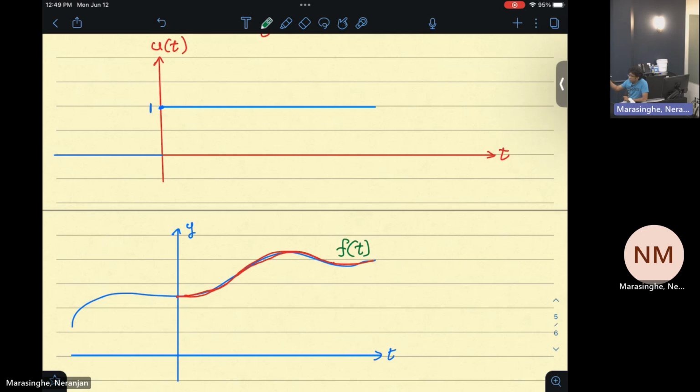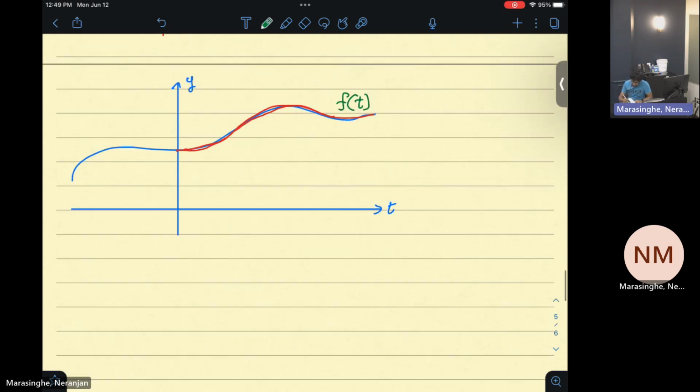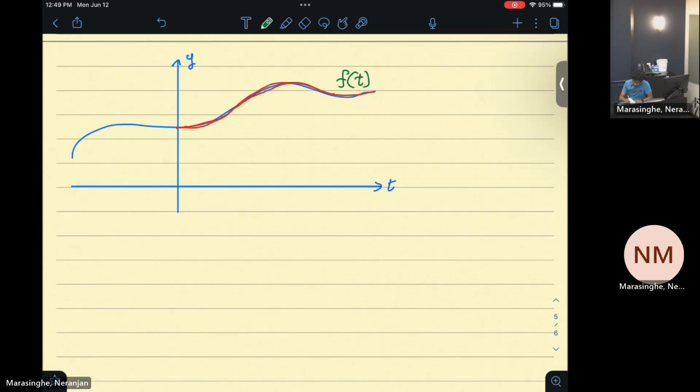When t is positive, u(t) is 1, right? 1 multiplied by f(t) is f(t), right? But when t is negative, what is u(t)? 0. So the blue colored portion would disappear if you multiply this graph by u(t). Is that clear? Right. So multiply this graph by u(t).